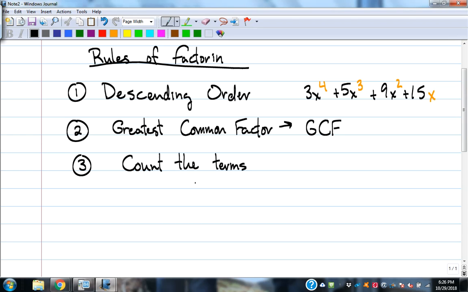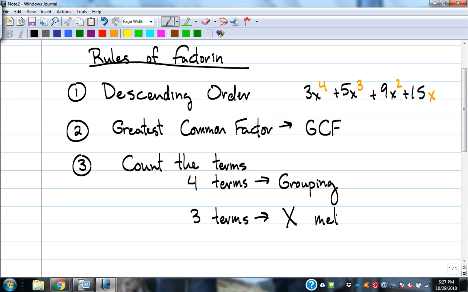If it has 4 terms, we're going to use a method called grouping, and I'll show you how to do that in just a little bit. If it's got 3 terms, we're going to use a method called the X method. 4 terms, grouping. 3 terms, X method.